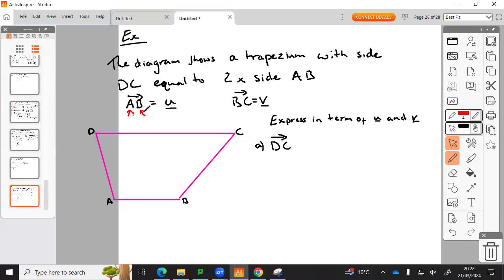So it doesn't note 2 points that it's connecting, but it notes the direction of where it's going. So I can apply that same vector route to another part of this shape. So DC being 2 times AB means DC is equal to 2U.